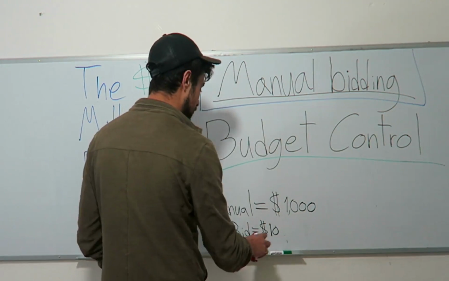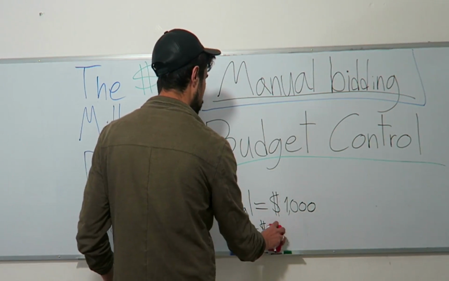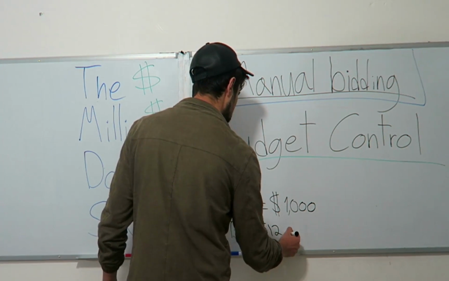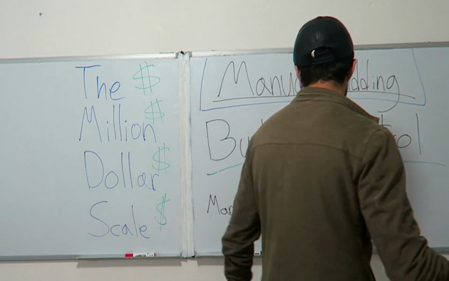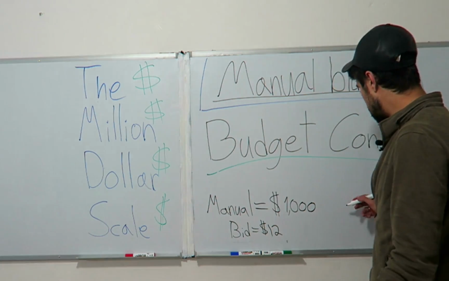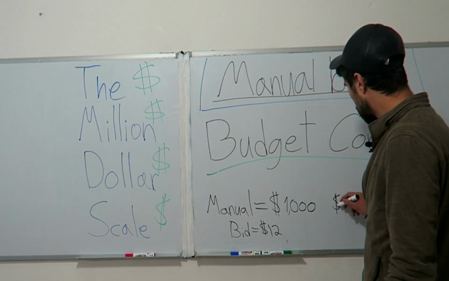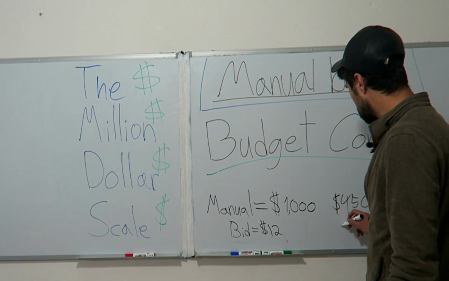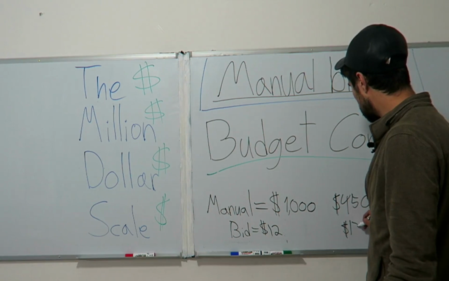If I increase this bid to $12, the next day, it might spend $450, and the cost per purchase might be around $13.